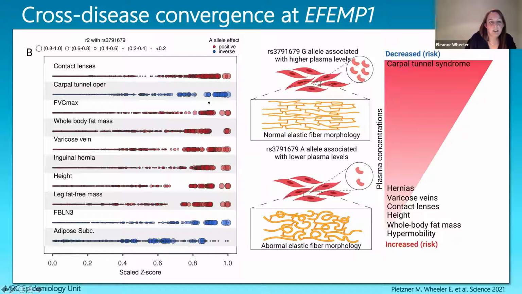The size of the point is the correlation, essentially the R squared, the linkage disequilibrium with the pQTL. If you see a shared genetic signal, then you expect the SNPs that are most highly correlated with the pQTL to also be most strongly associated, so there are larger points to the right-hand side of the figure.